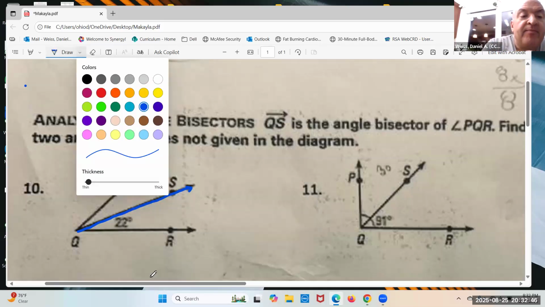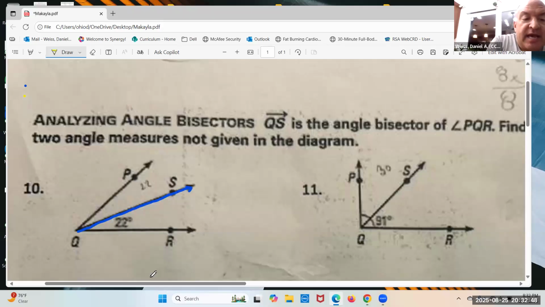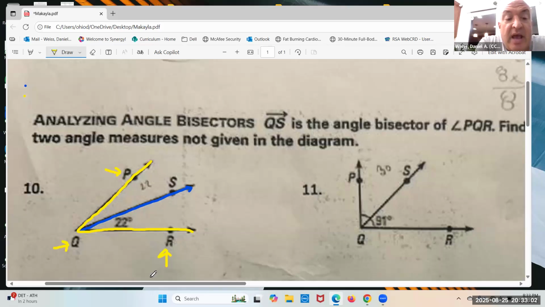It's taking this angle here, which is PQR, or RQP, either way. But the Q must be the second letter. The vertex is always the second letter. So the blue guy is cutting the yellow guy in half. And it looks like you've already done this correctly.